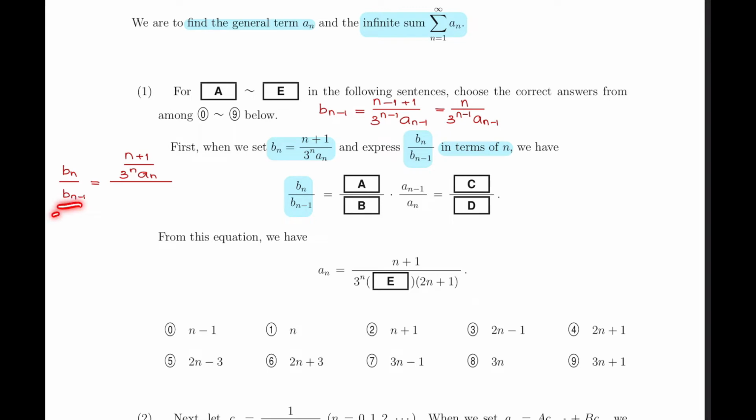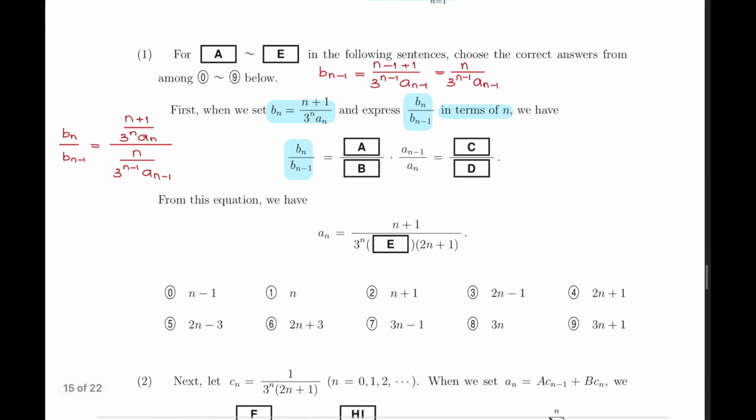We already have b(n minus 1), which is n over 3 to the power of (n minus 1) times a(n minus 1). If we move this denominator into multiplication, I get (n plus 1) over 3 to the power of n times an, times 3 to the power of (n minus 1) times a(n minus 1) over n.